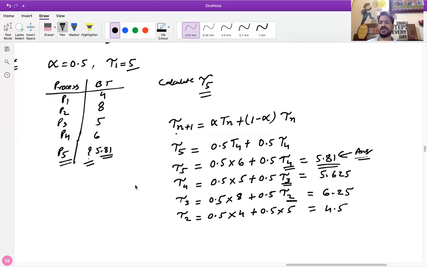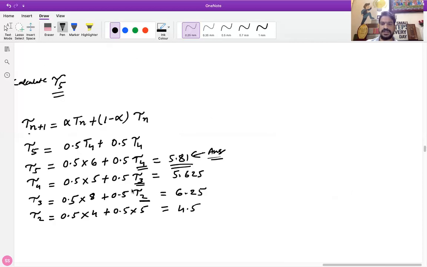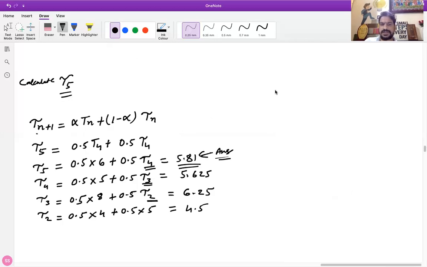Right? So this is the way this exponential averaging method for predicting the burst time actually works. Let's see another example. That is your homework that you have to do. So the alpha value is 0.5 again.